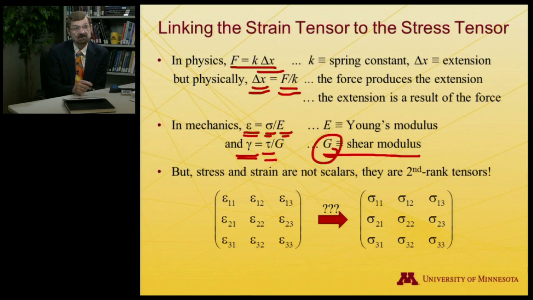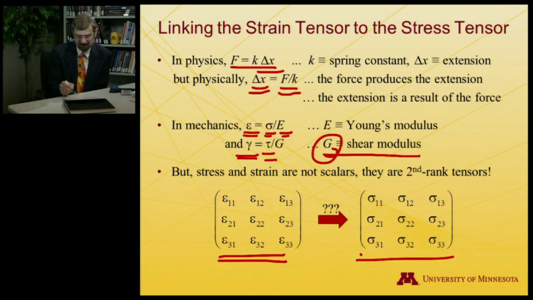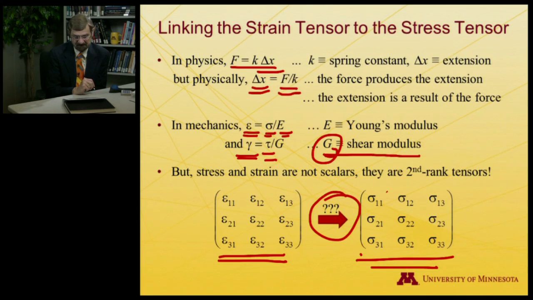How do we relate two tensors to each other, right? We have both second rank tensors. We have the strain tensor on the left, the stress tensor on the right. And I want to know, if I know the stresses, how do I calculate the strains? And that is not such an easy problem, but it turns out not to be as complicated as you might initially think.